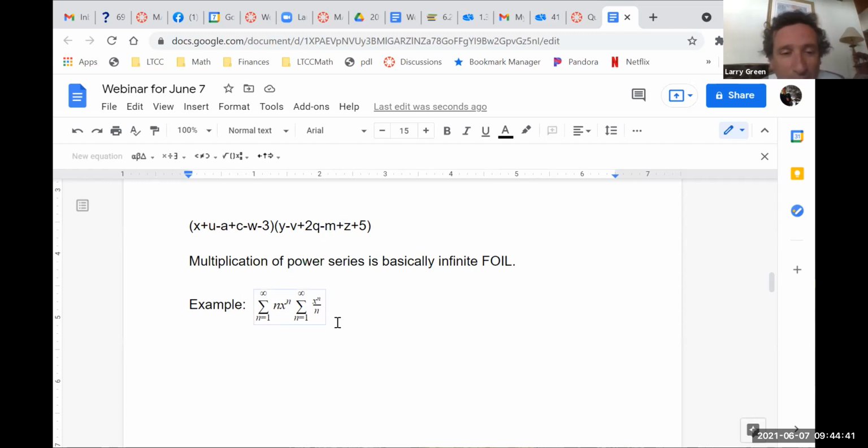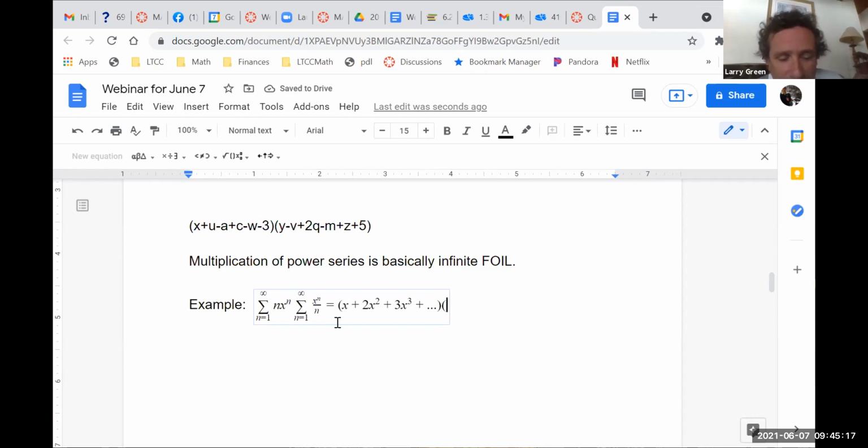But here's what you can do. No matter how much you don't want to, we can write this out. So if n equals 1, you get x, plus, if n equals 2, you get 2x squared, plus, if n equals 3, we get 3x cubed, and then you get tired, so you put dot, dot, dot. And then we're going to multiply it by the same thing.